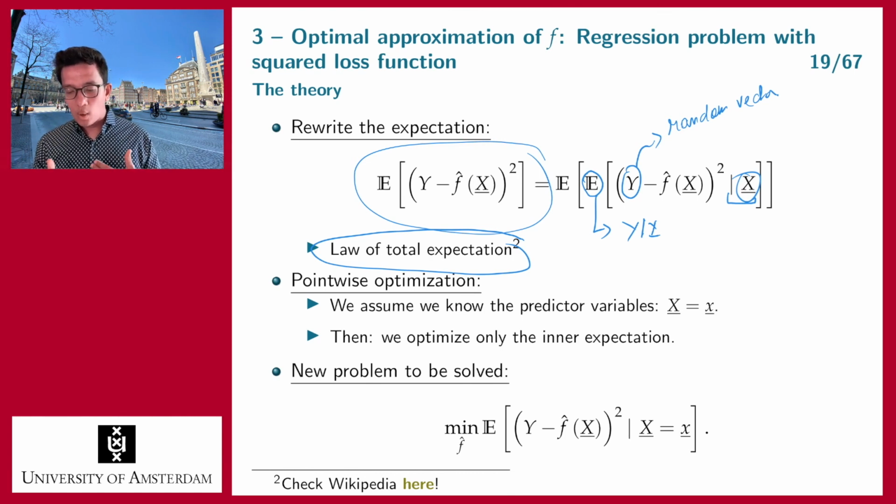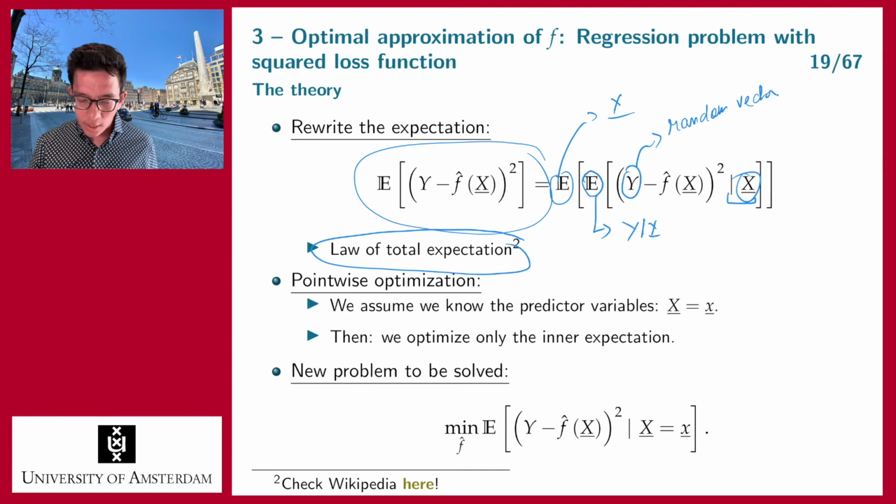And then once we calculate that expectation, we have integrated over Y, and what remains is an expectation over X. Right? So we look at an expectation for a given policyholder. That is the condition on X. And then with the outer expectation, we run over all our policyholders.